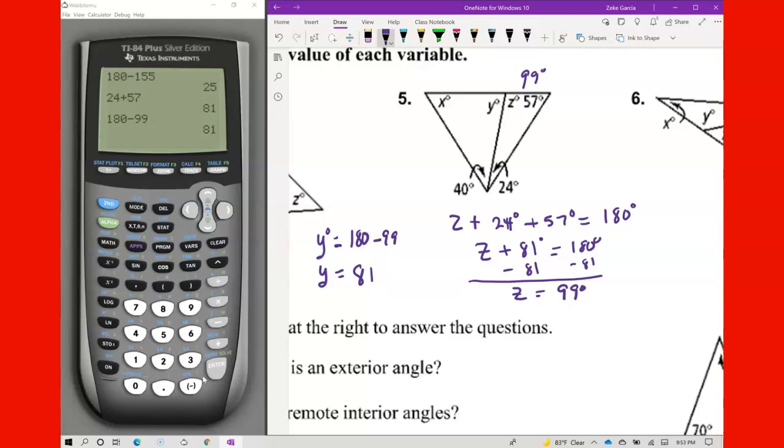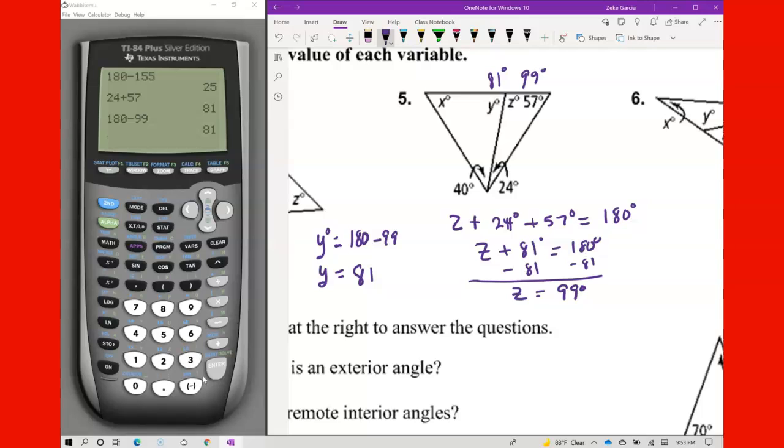And we know that this is 81. We could have also added 57 and 24. Remember, the exterior angle of a triangle is equal to the 2 remote interior angles.